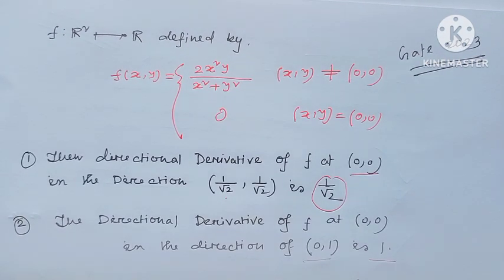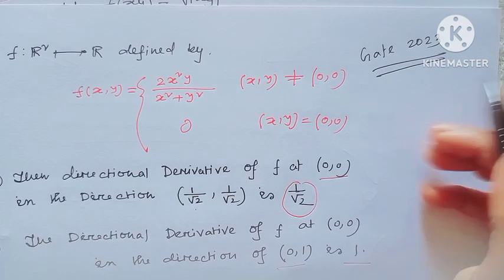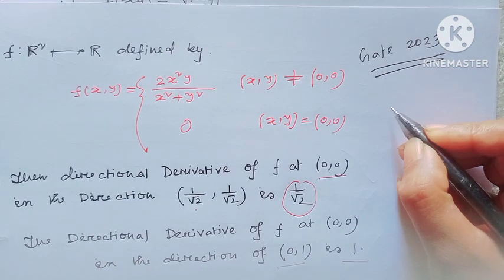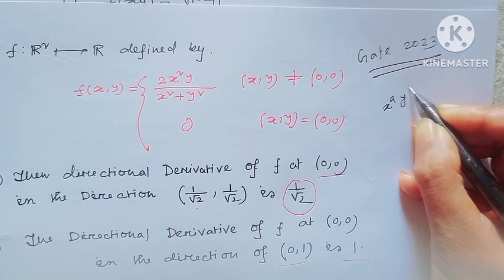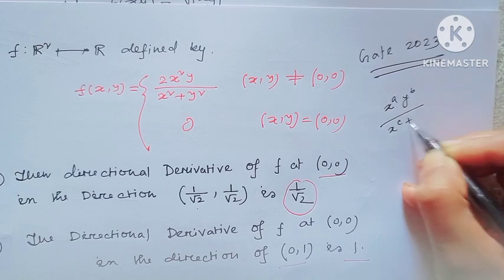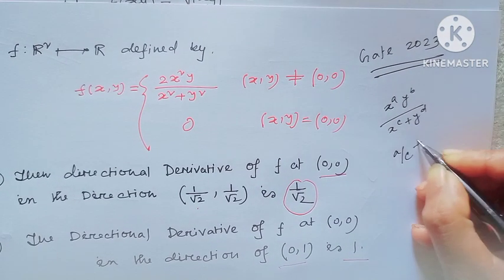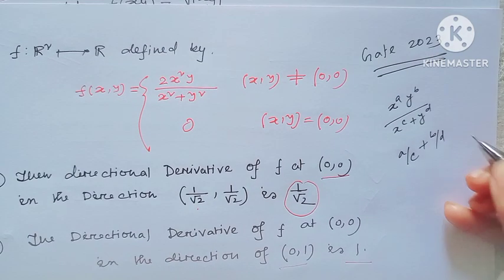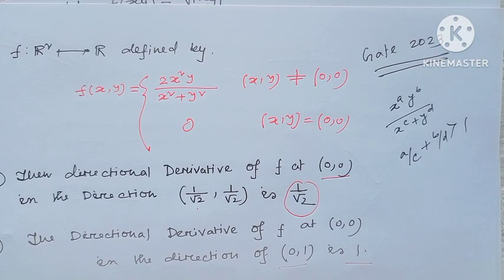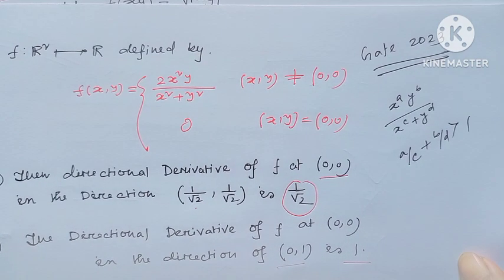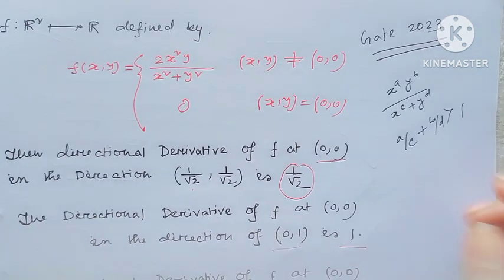For this, at first check continuity. Here the function looks like x to the power a, y to the power b, over x to the power c plus y to the power d. Notice that for a over c plus b over d, if this sum is greater than 1, then we can tell the function is continuous at the point 0, 0.